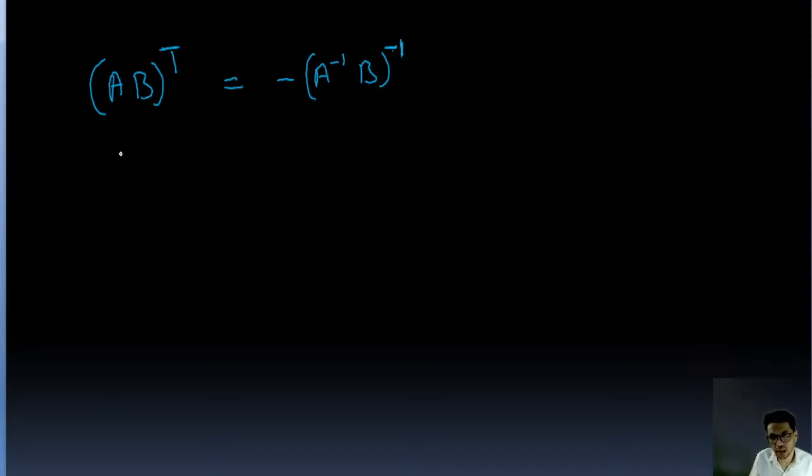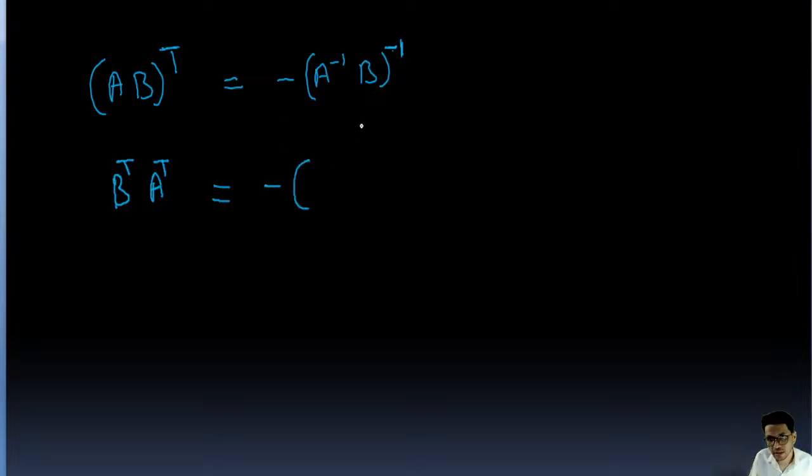So now we can open it, right? We know the formula, a property of matrix: transpose of A B means transpose of B and transpose of A.